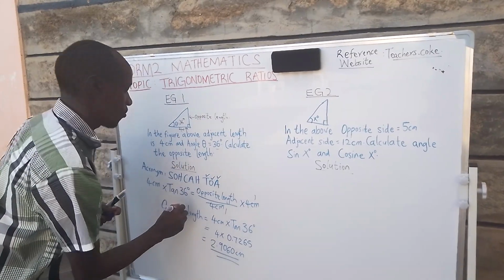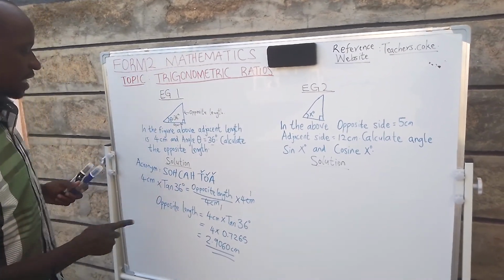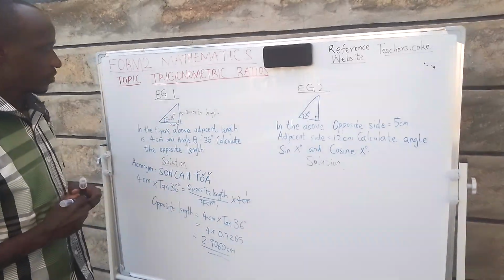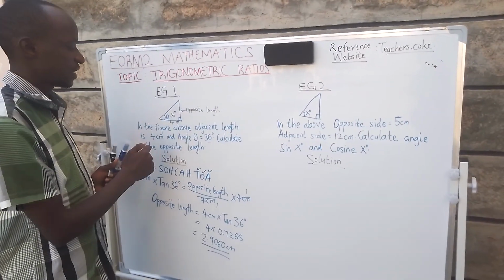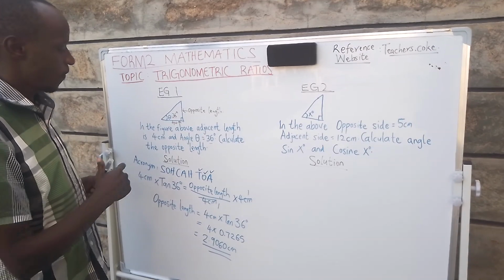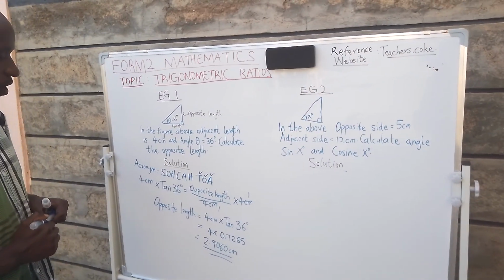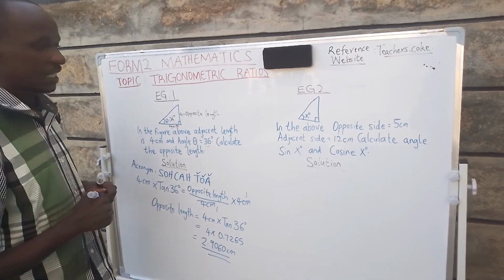So that is how we get the opposite length given the adjacent side and the angle theta, which is 36 degrees. The adjacent side was 4 centimeters.